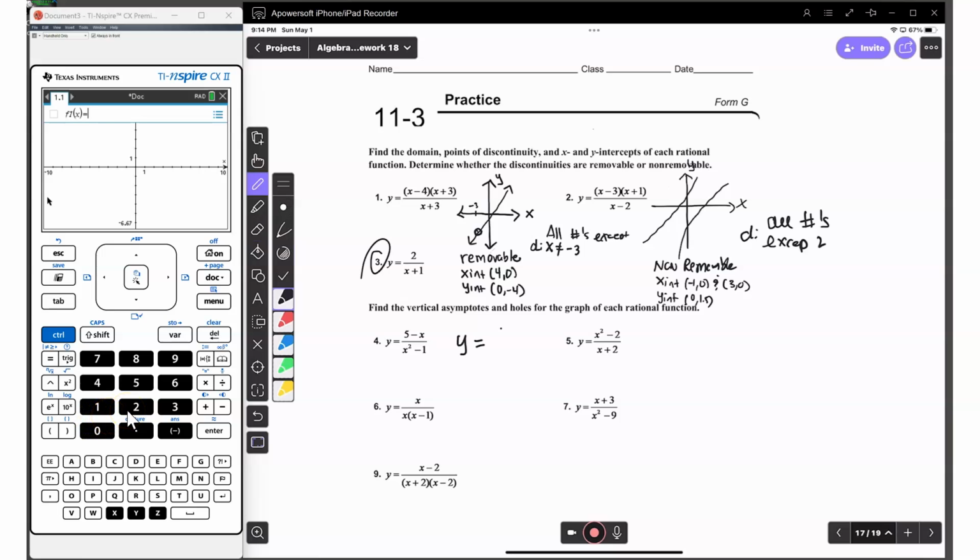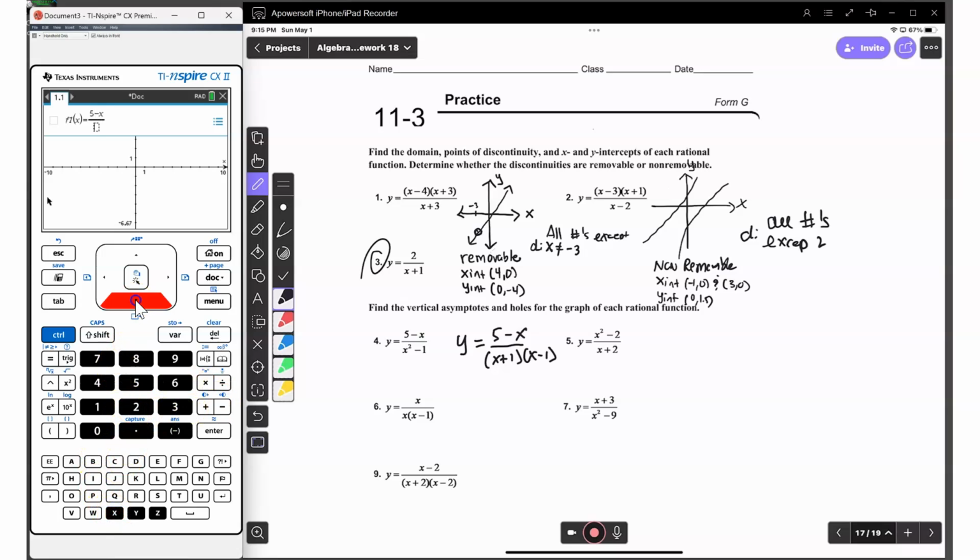So you have y equals 5 minus x over x plus 1, x minus 1. And if you look at the denominator, that tells you where the vertical asymptotes are. So what I'm going to do is I'm going to go ahead and type this in. I have 5 minus x.